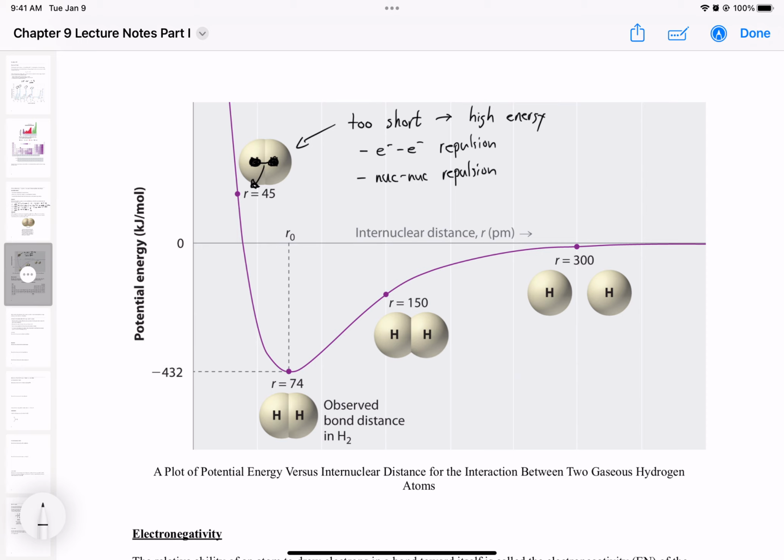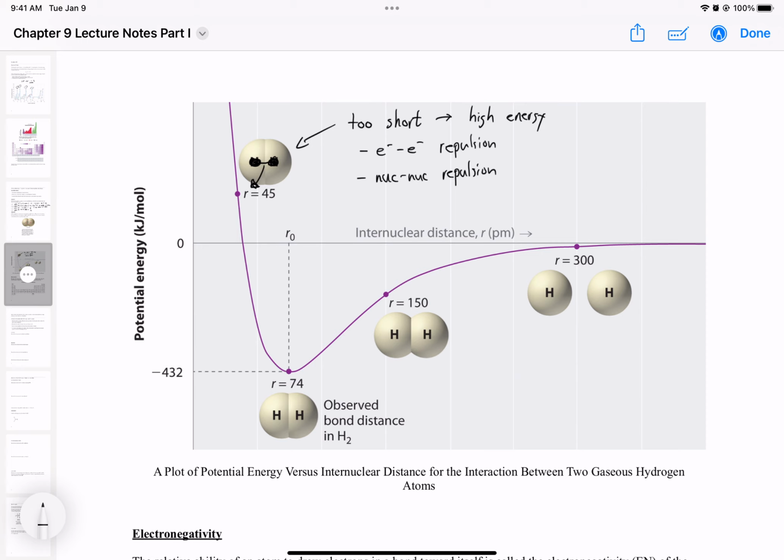And if we compare that to the macroscopic version of potential energy, it makes sense because an object is attracted to the Earth's gravitational field, and so when it gets too close, the potential energy dramatically decreases, and then once you increase your distance from the Earth, the potential energy increases again.